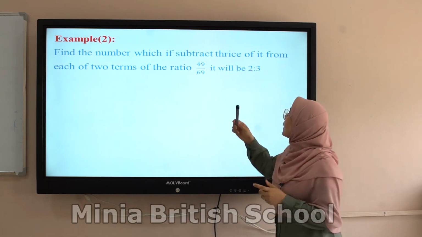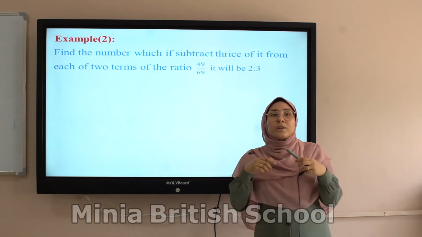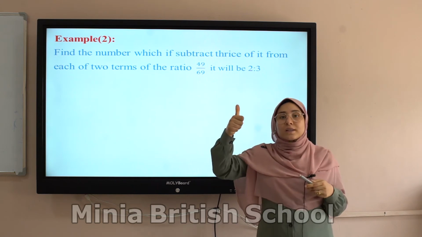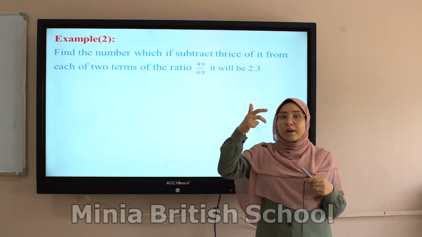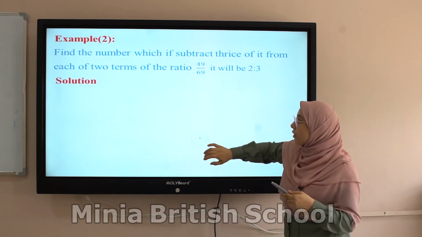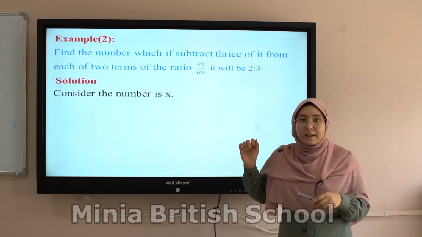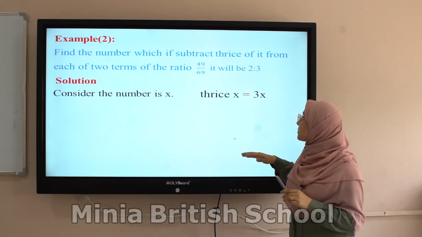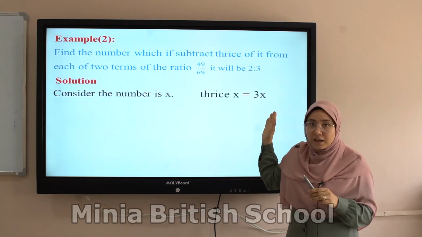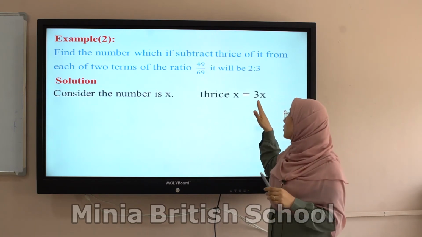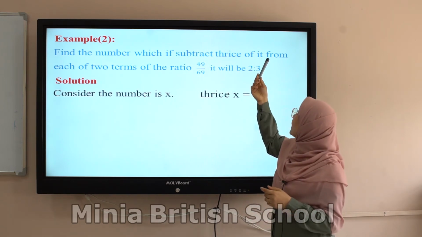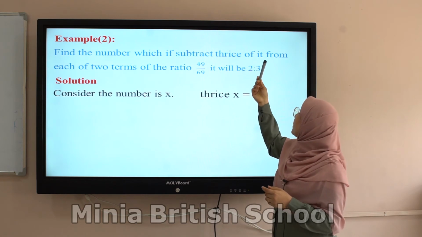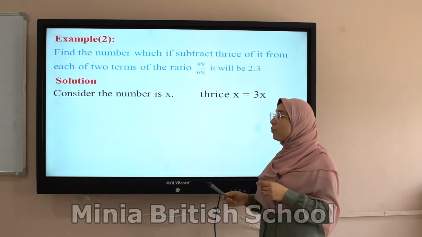What is the meaning of thrice? Once, twice, thrice. So I consider the number is x, and thrice x equals 3x. So I will subtract thrice of the number from each of the two terms.